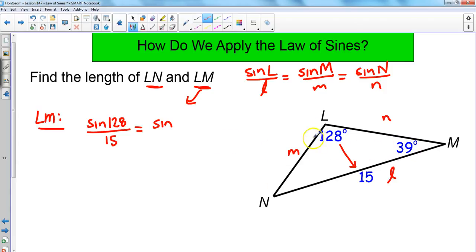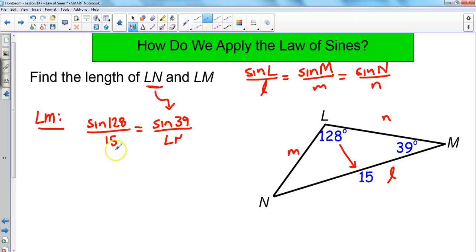Because we're finding Ln, we want to look at this angle that projects to it, so that's the sine of 39 over the side that it projects to. I labeled it little m, but really it's Ln. So we're solving for Ln.